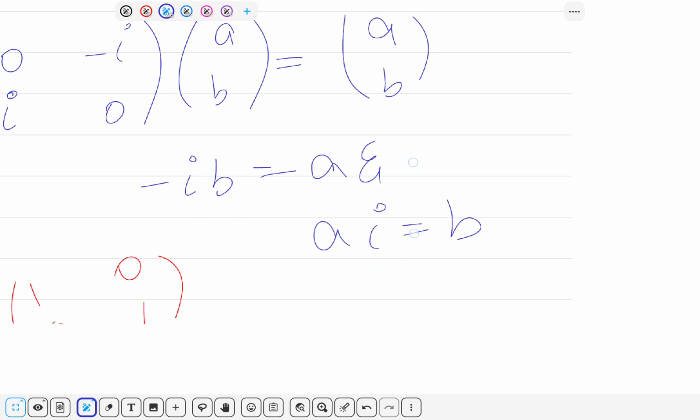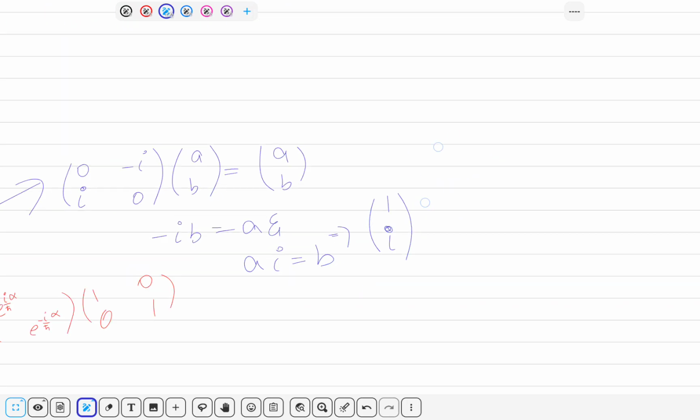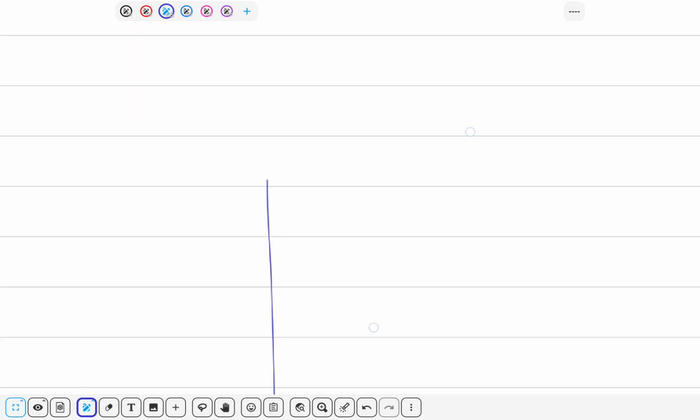So you can just write something like this. This is your first eigenvector. Let's find the other one. The other equation you get is just by flipping signs.